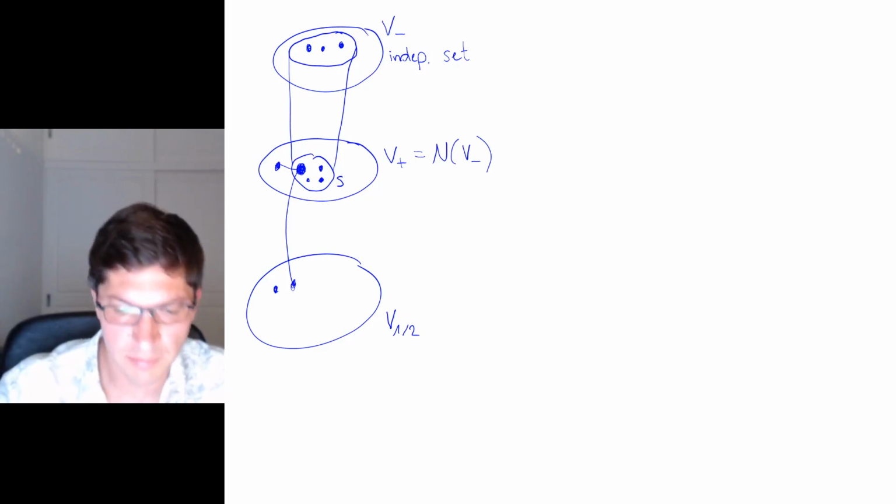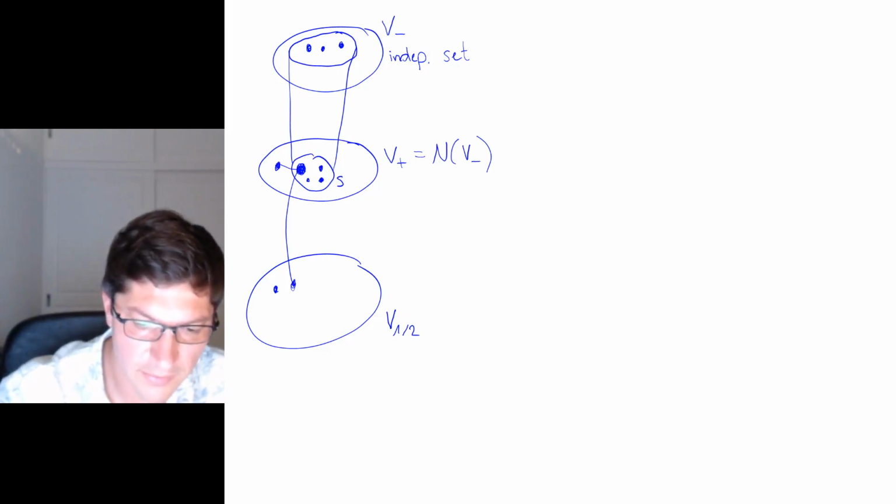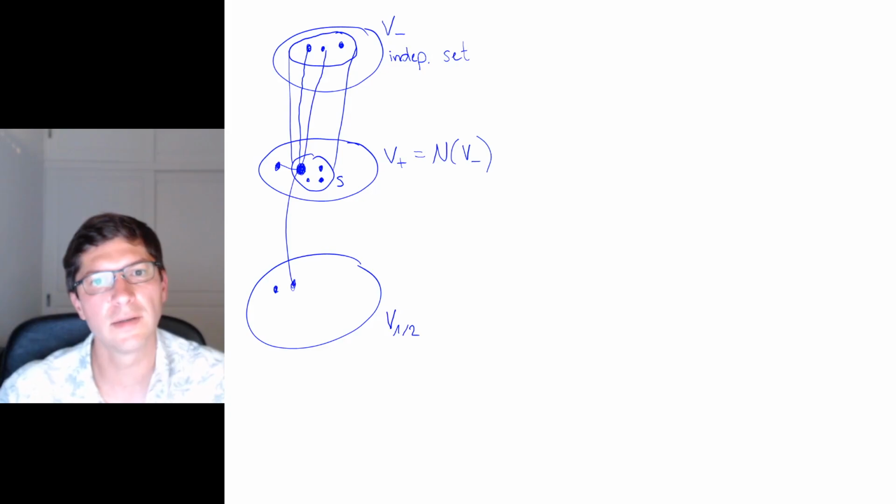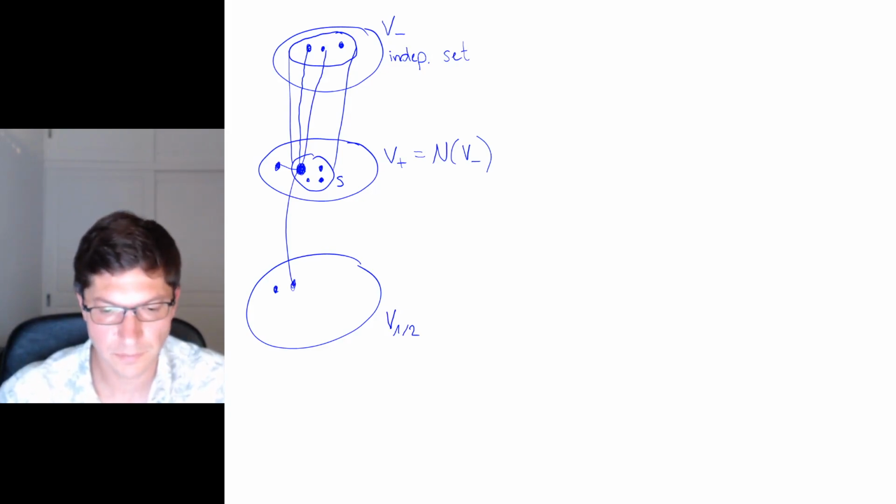Except there's some problem, namely, this variable might have some neighbors in V minus, right? So that's the only thing that could hinder us from decreasing these values.